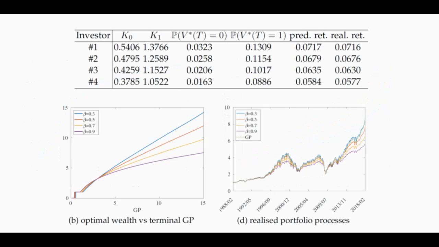Between K0 and K1 will be a constant M, which is a minimum welfare level. And above K1, if the GP is above K1, which means the market has a good enough outcome, then the investors will become risk averse, so that the terminal wealth becomes a concave function of the GP.